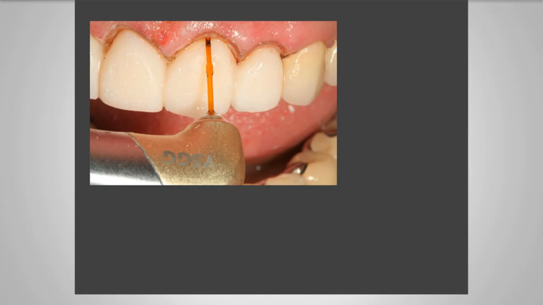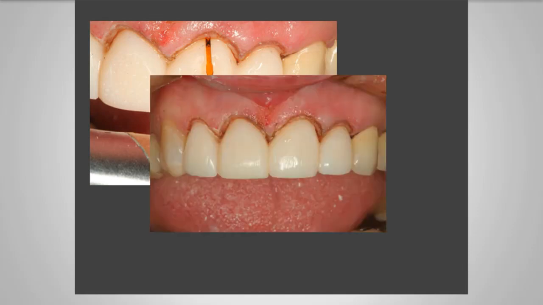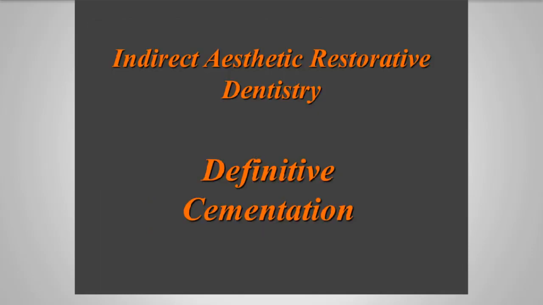And then here you see the provisional restoration after it's been cemented and the patient is released. She wanted to see what a little bit of brighter color would be, and so we gave her a lighter colored provisional material. And you can see the change in the width to length ratios of those particular anterior teeth.